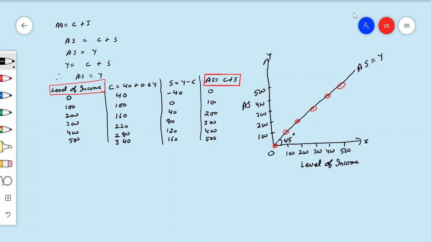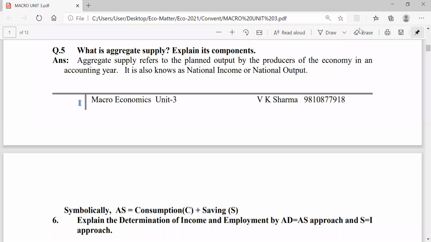As far as the definition is concerned, I will show you some definitions for this. So look, first of all, this one, and take a screenshot of this. So students, look, the definition of aggregate supply I have already sent in the assignment. If not sent, I will send it later. Aggregate supply refers to planned output by the producers of the economy in an accounting year.